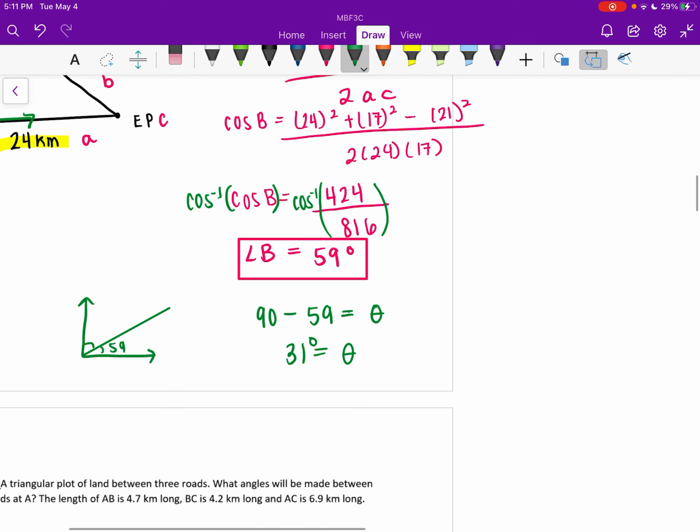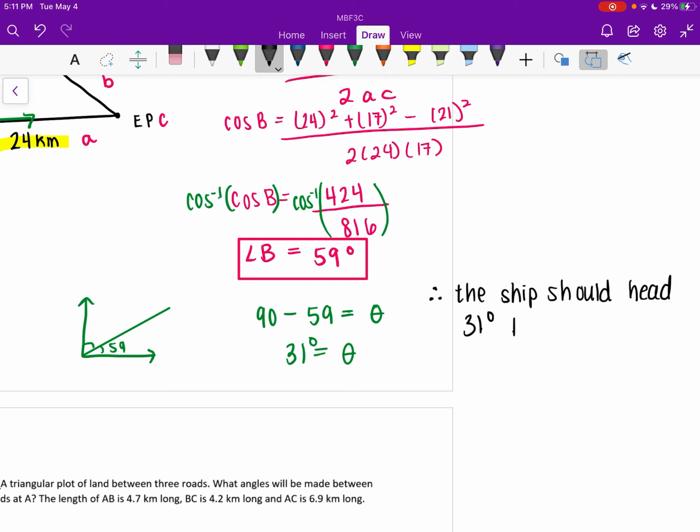So the ship should head towards the dock, or the western port. Therefore, the ship should head 31 degrees to dock at the western port.